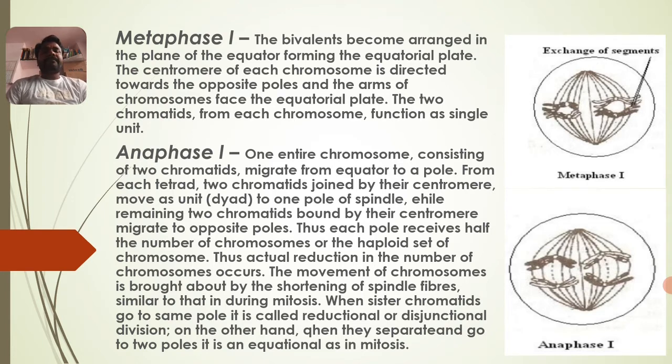Coming to the zygotene stage, during that time homologous chromosomes undergo pairing, which is called synapsis. There is a formation of the synaptic complex. At the time of the zygotene stage, chromosomes are pairing.